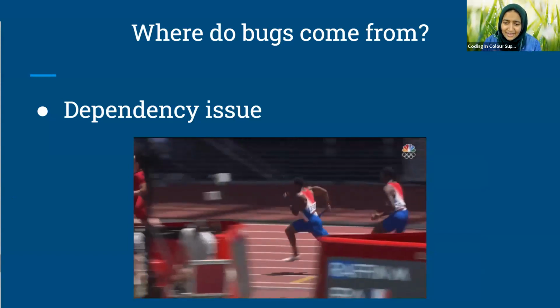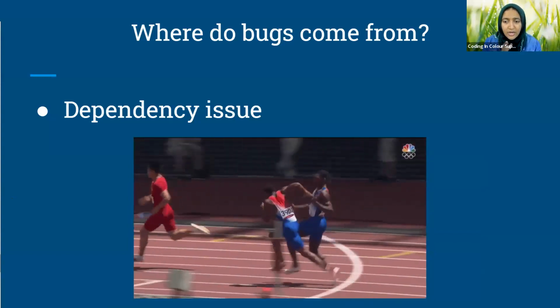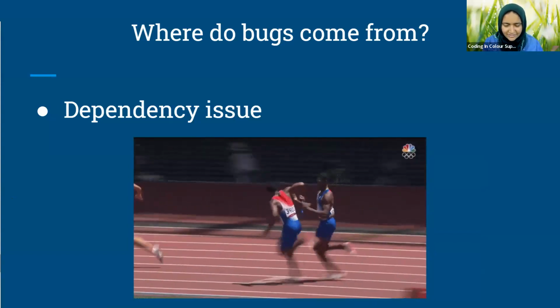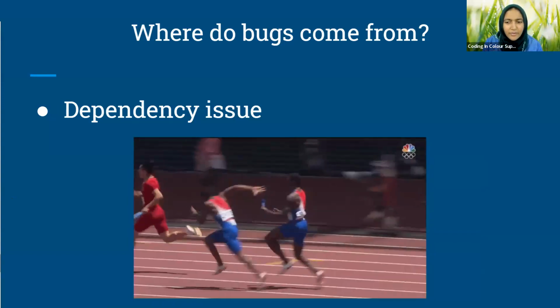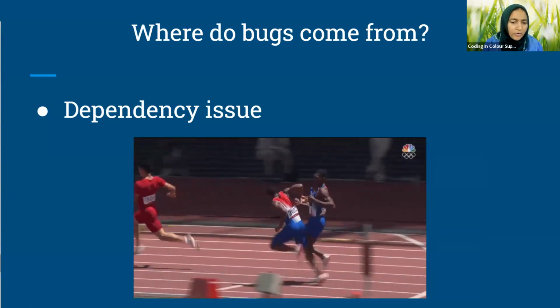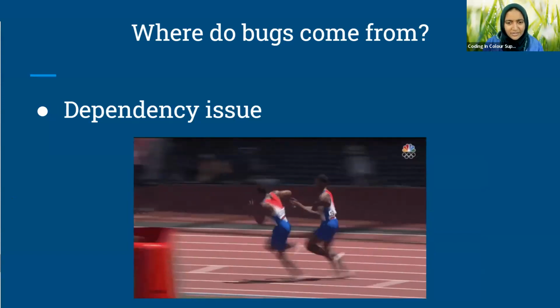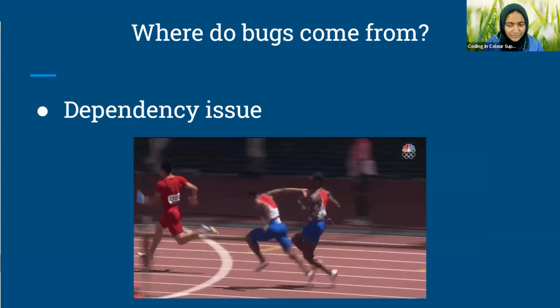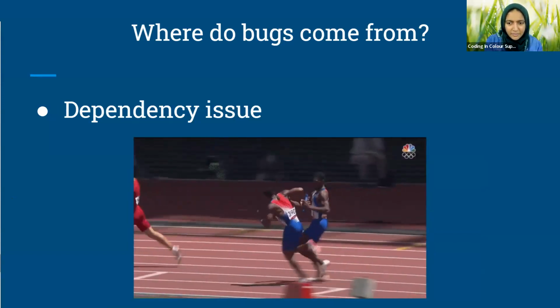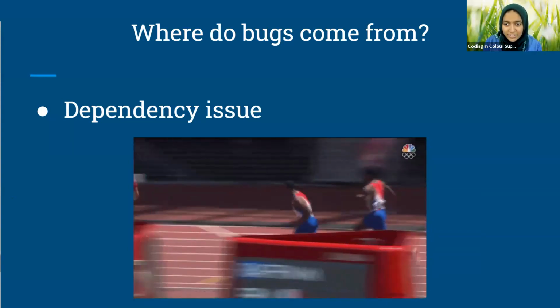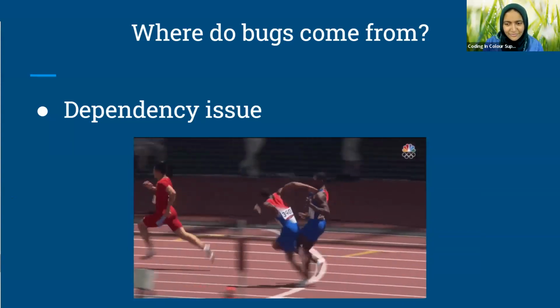Most of the time when you're coding, you're not starting everything from scratch. There are a lot of repetitive things that you can borrow from other people's work. There's a library out there, which means that somebody somewhere found a problem, created a solution, and published it so that other people can use it, right?